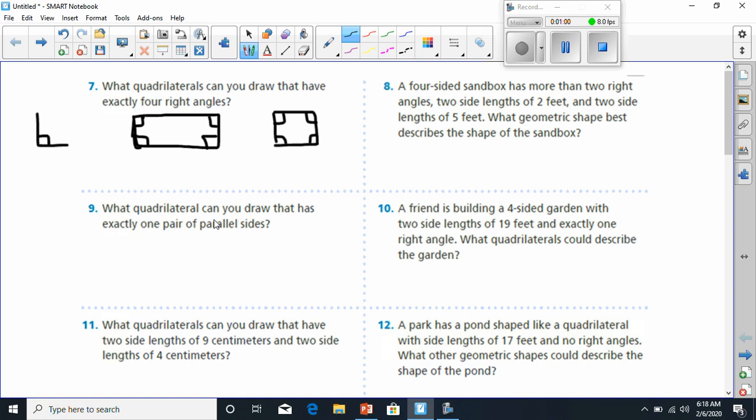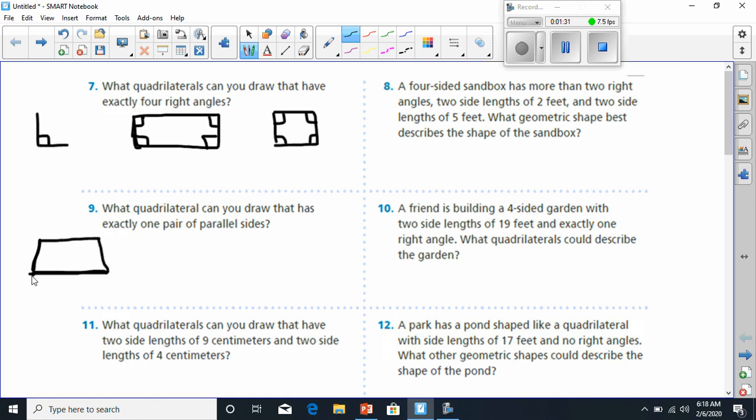What quadrilateral can you draw that has exactly 1 pair of parallel sides? Parallel sides means that they are exactly parallel to each other. And for a quadrilateral to only have 1 parallel side, that means the other ones are not parallel, which means they might be at a slight angle. And that would fit the description of a trapezoid.